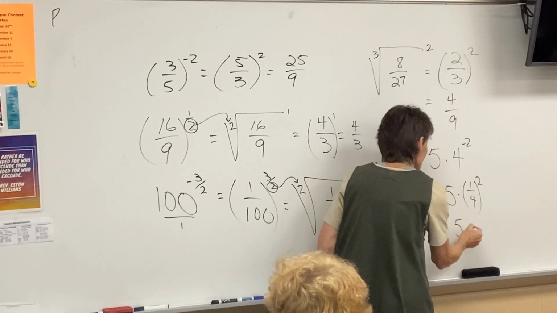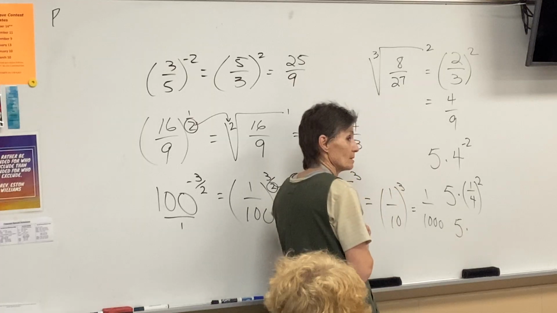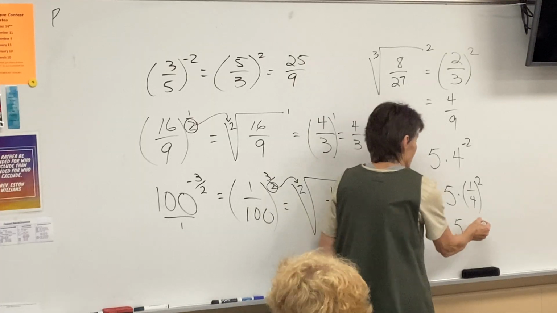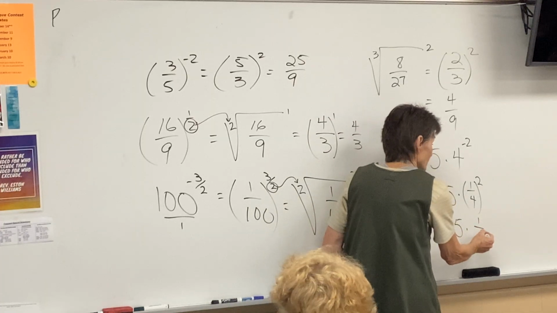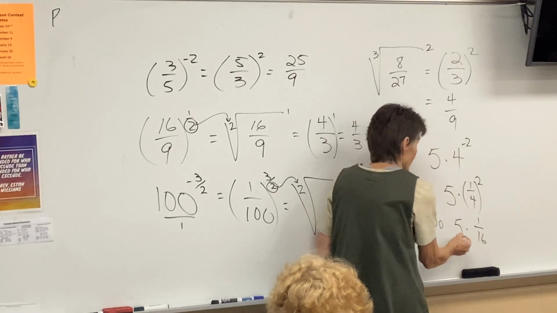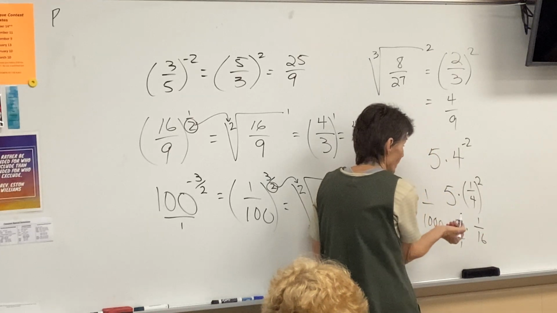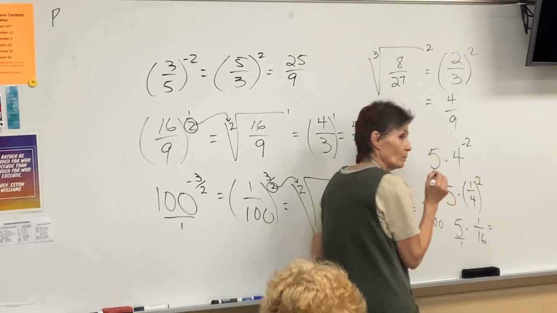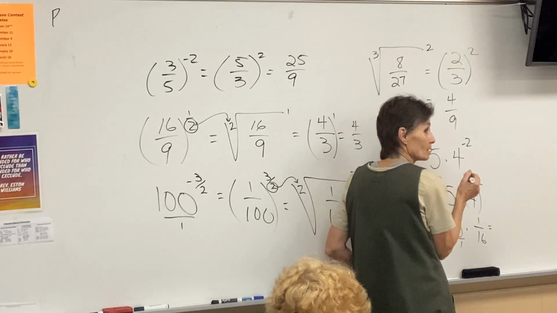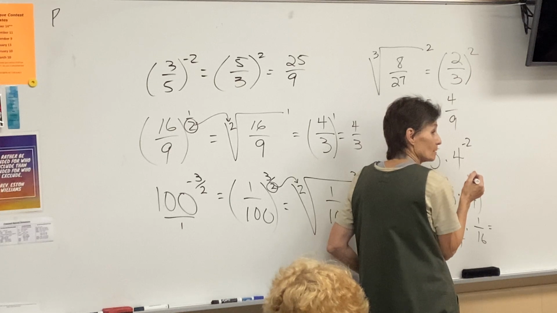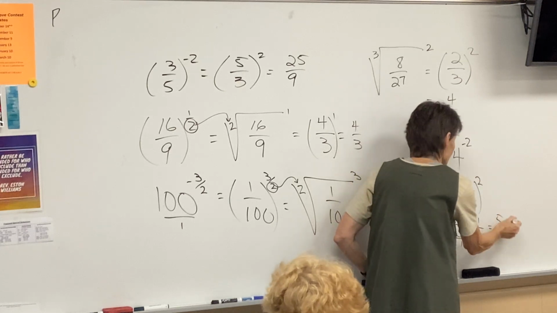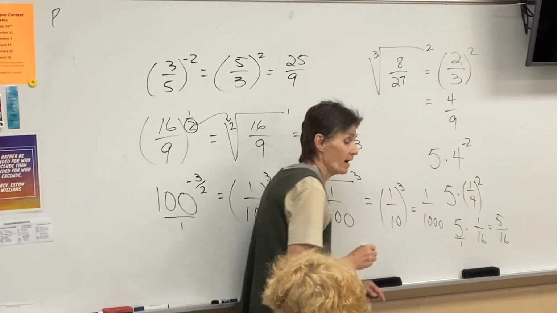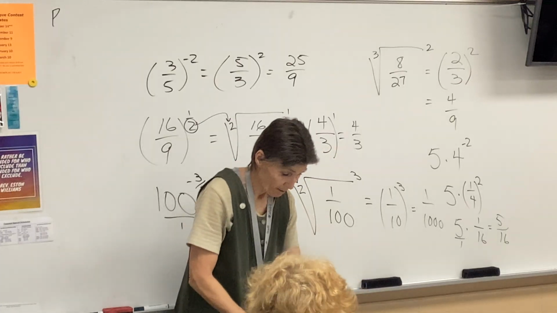So this is 5. What is 1/4 squared? 1/16. And so I have 5/1 times 1/16. So my final answer will be 5/16. Good job.